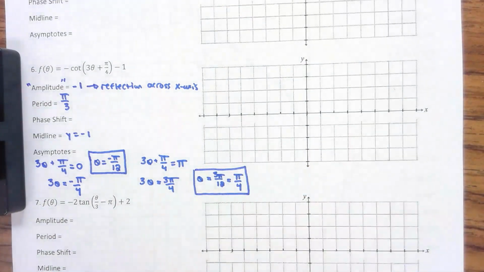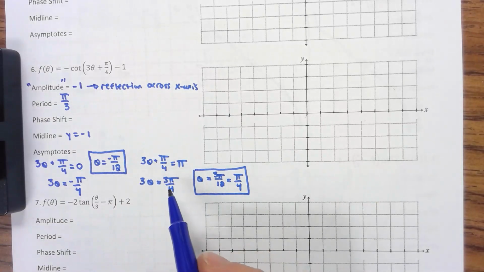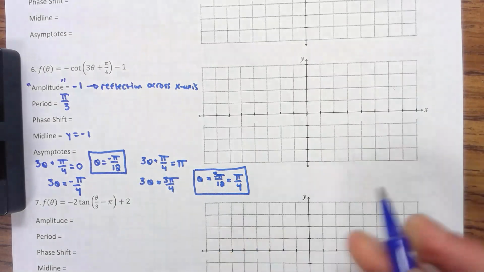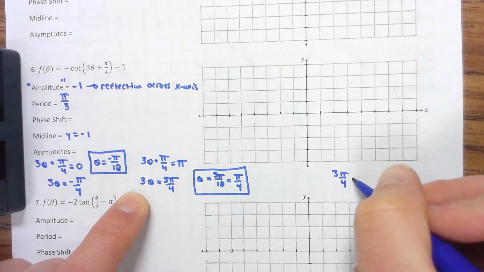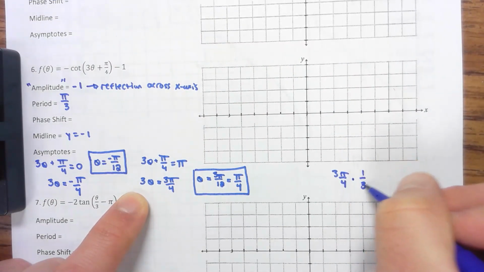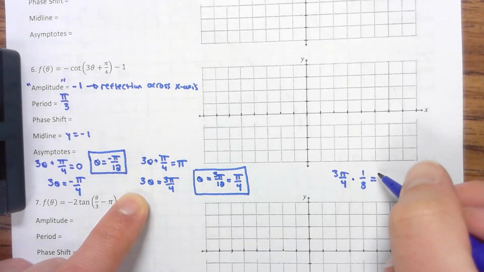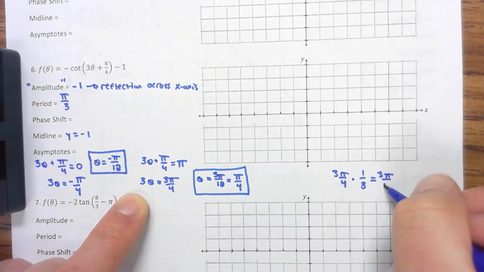All right, questions here? 3 pi over 12. So when I divide by 3, the 3 pi over 4 divided by 3, I'm basically taking 3 pi over 4 and multiplying it by the reciprocal of 3 since I'm dividing it by 3. So it becomes 3 pi over 4 times 1/3, which is 3 pi over 12.